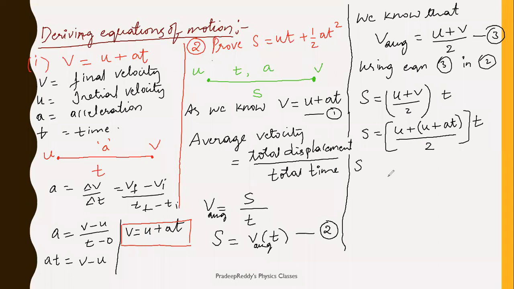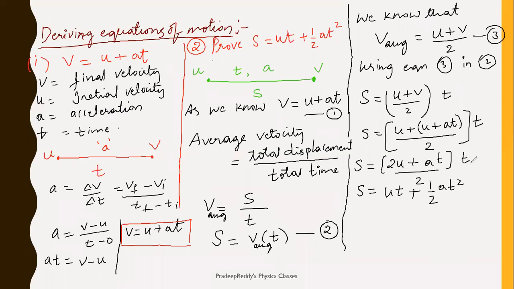This gives you distance traveled s is equal to (u + u + at), that is (2u + at), divided by 2 into time taken t, and multiply this t inside. If you take this t inside, it will be 2ut, and the denominator 2 and numerator 2 in the first term get cancelled.